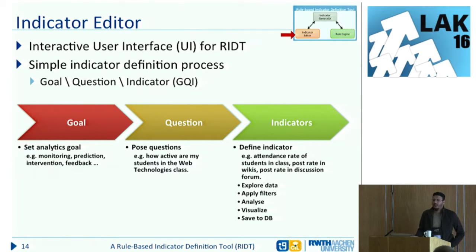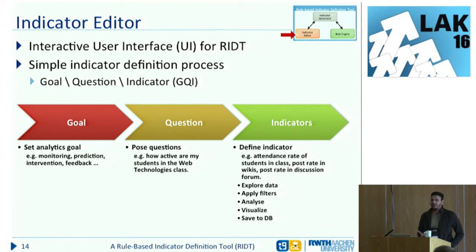The question can be a quantitative question or a qualitative question. Quantitative questions can be directly answered by maybe one indicator, but a qualitative question can have multiple indicators associated with a single question. For example, let's say we have: how active are my students in a specific class?